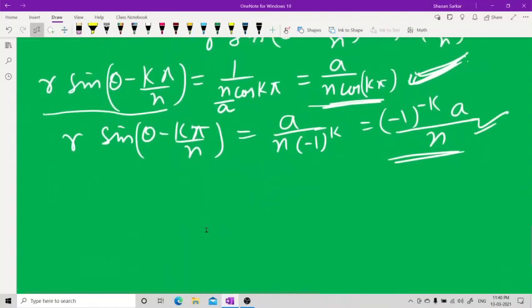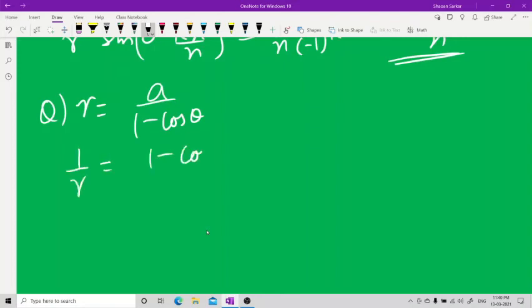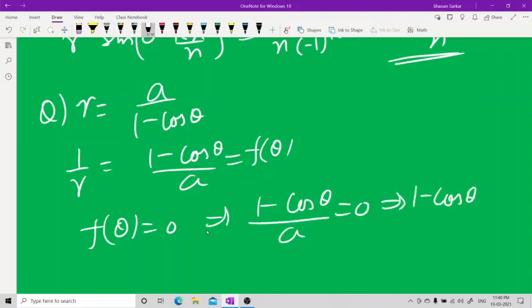Now see, another question we have got, a good question. Question is r equal to a upon 1 minus cos theta. So 1 upon r is 1 minus cos theta upon a, and this is nothing but f theta. Put f theta equal to 0. So you have 1 minus cos theta by a equal to 0, implies 1 minus cos theta is equal to 0.